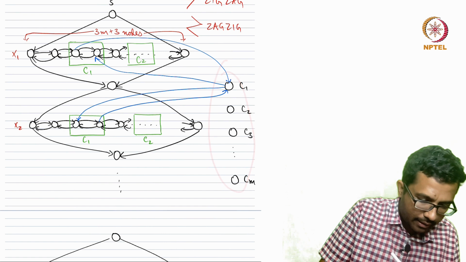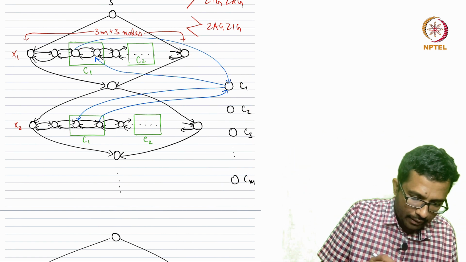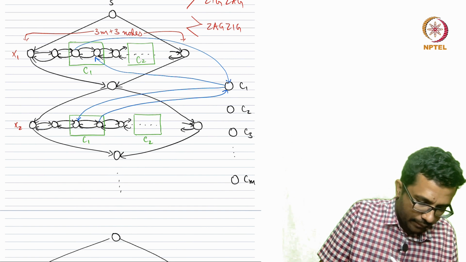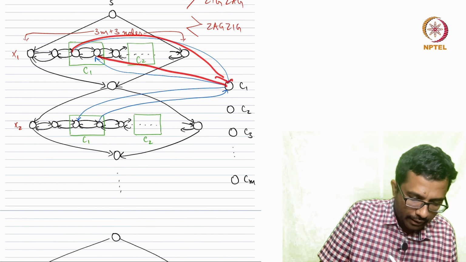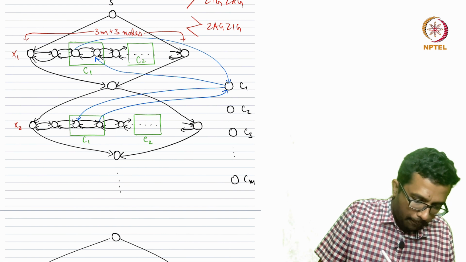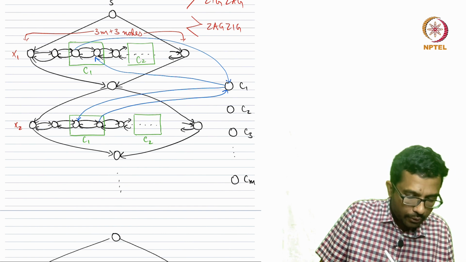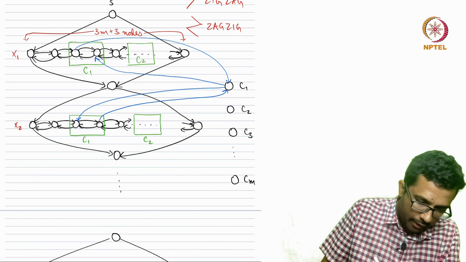So I have already marked some blue edges based on what I said. Here, as per the figure, x1 appears in clause 1, because the first vertex goes to clause 1, and from clause 1 you get back to the second one. And x2 complement appears in C1 because the order is reversed.